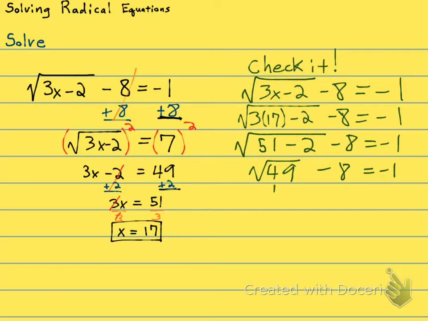Square root of 49 is 7. 7 minus 8 equals negative 1. Negative 1 equals negative 1. Okay, so it is checked. All right, and my answer is x equals 17.